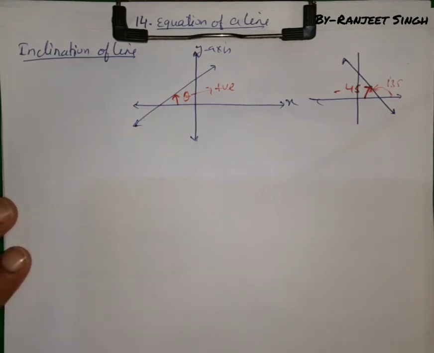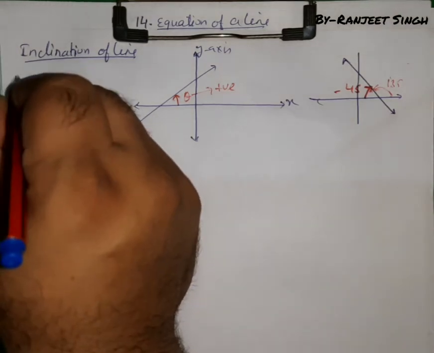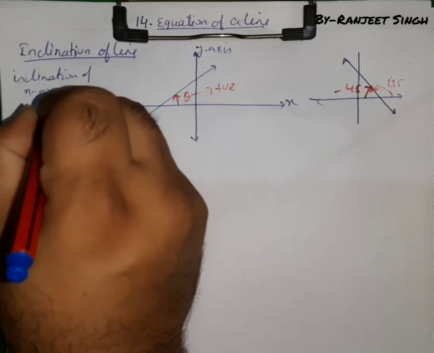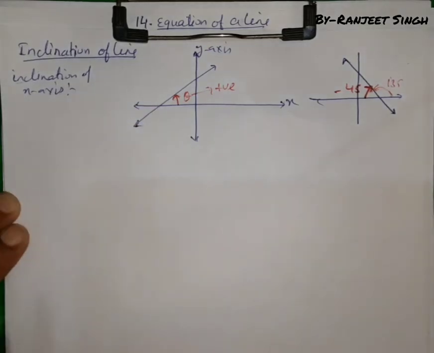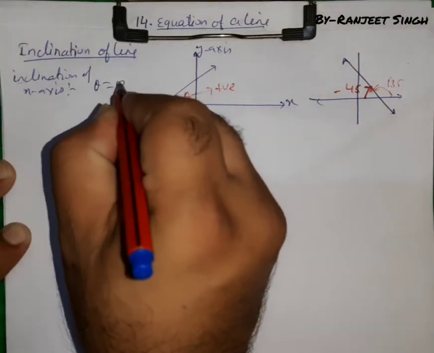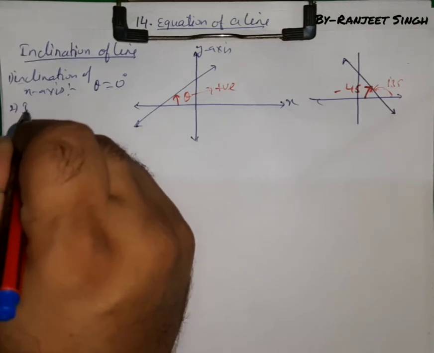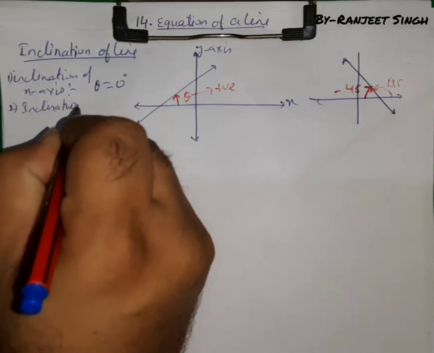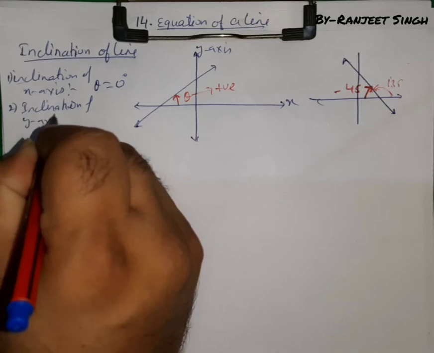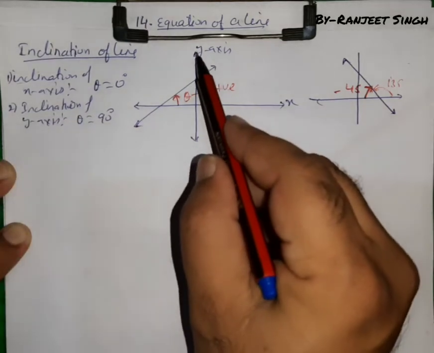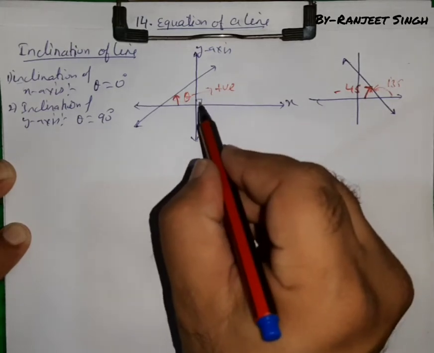Now if I'm talking about the inclination of x-axis, or any line that is parallel to x-axis, in this case inclination will be equal to 0 degrees, whereas the inclination of y-axis is 90 degrees, means angle made by this axis will be equal to 90 degree.